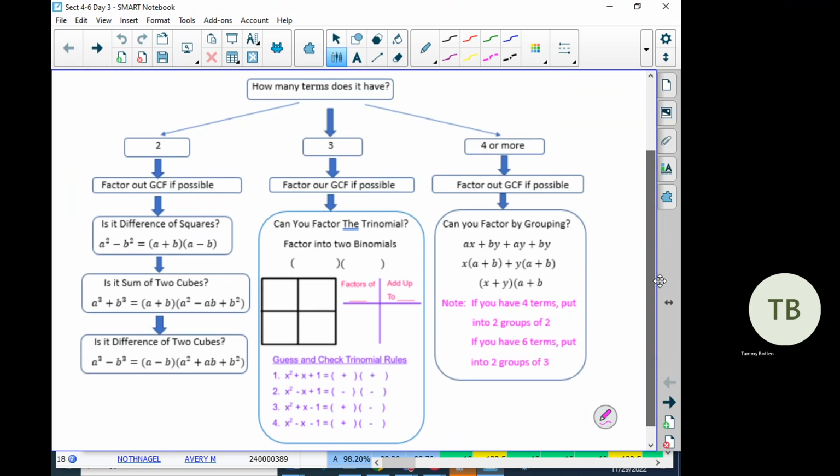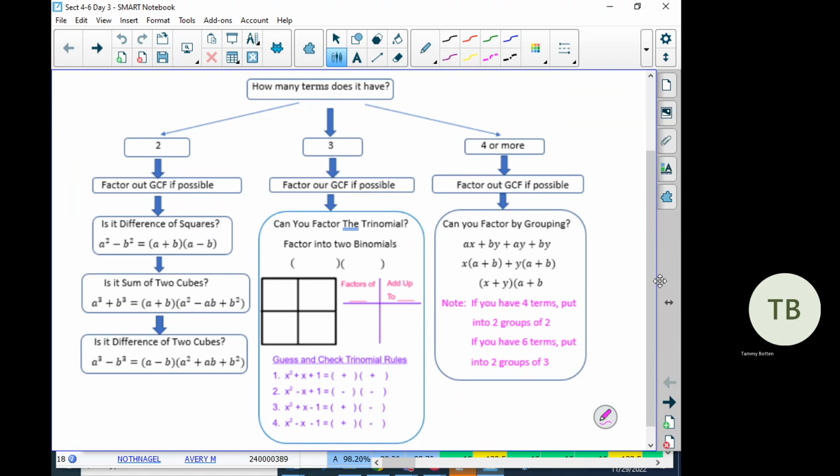So just to go through this again, anytime you just have 2 terms, you're going to see if you can factor something out. If it's difference of squares, that's what you always want to check for first. And then if it's not that, check if it's sum or difference of cubes. If you have 3 terms, that's where we do the box and the table and see what we can do.